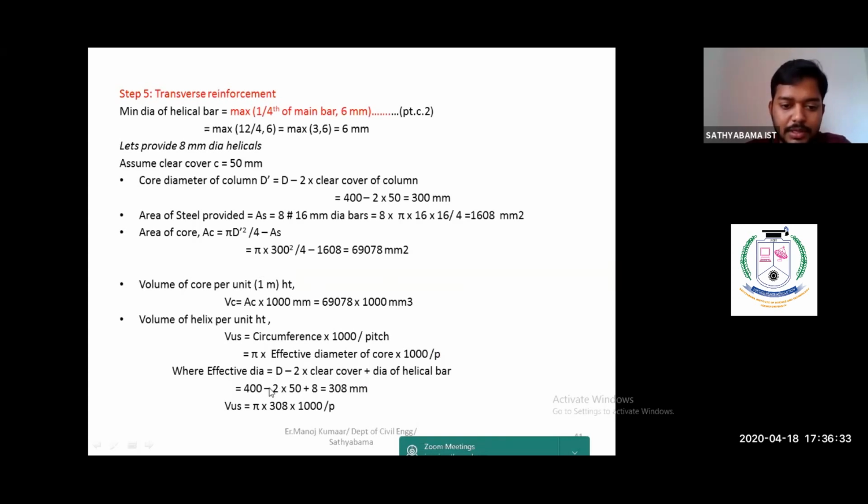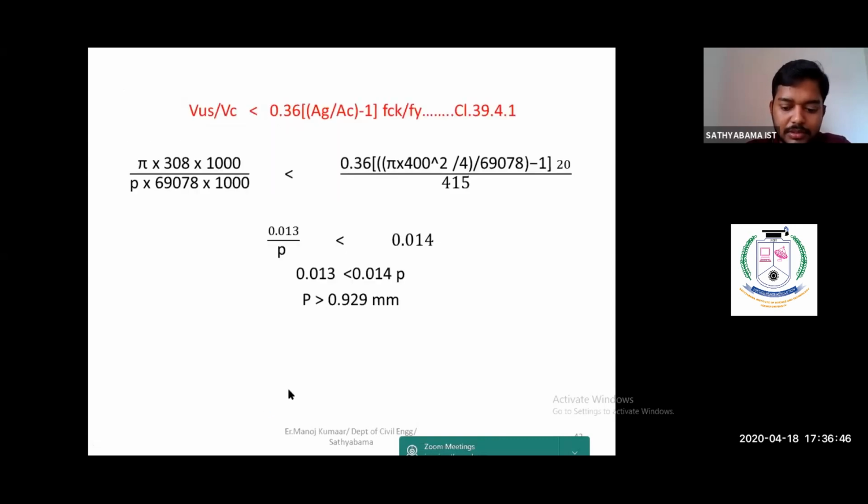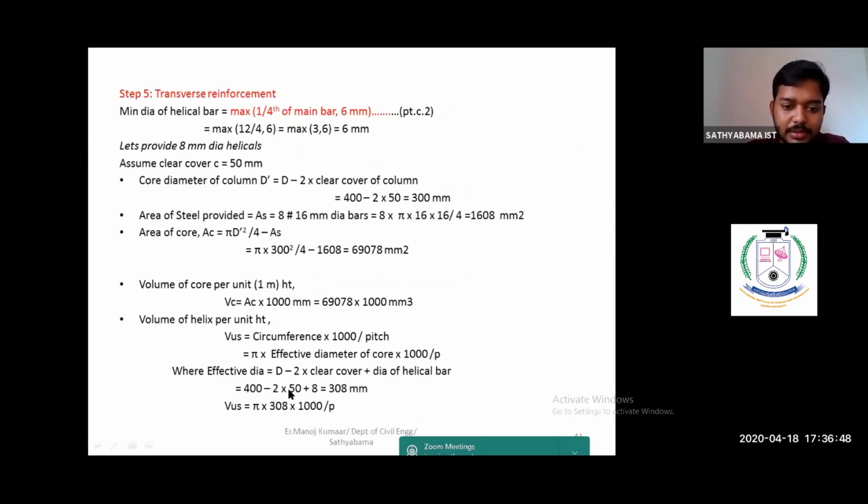So D is 400 minus 2 into 50 plus 8. 8 is the diameter of helical bar. We are getting 308 mm. Next, we will calculate Vhs by substituting all the values: pi into 308 into 1000 divided by p. p is what we have to calculate.